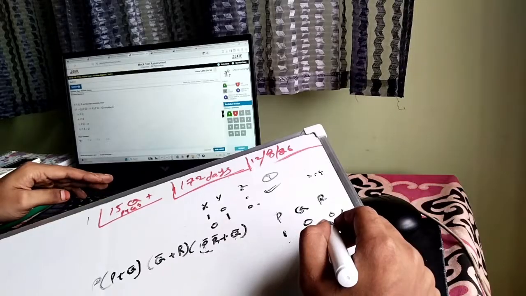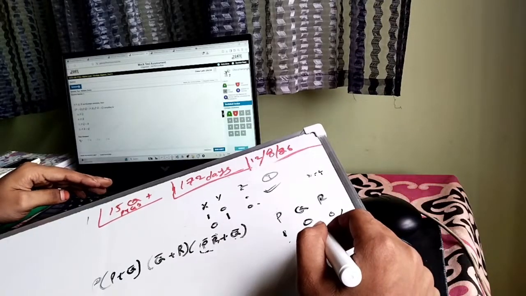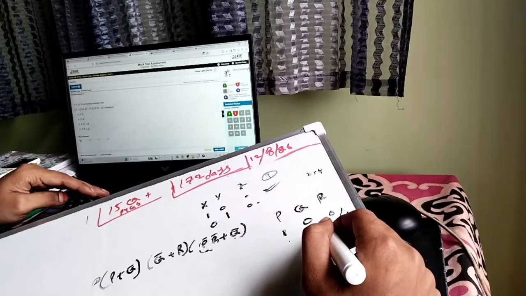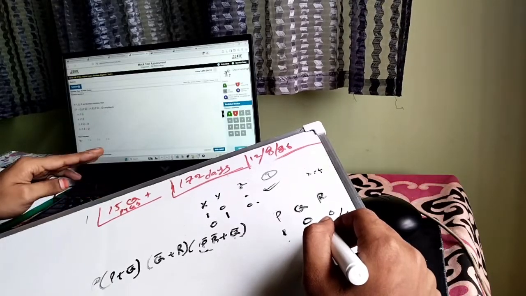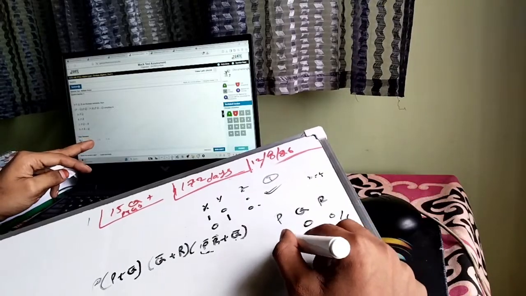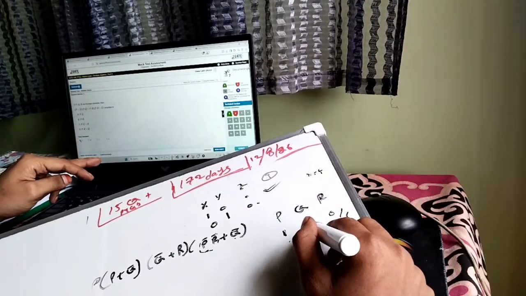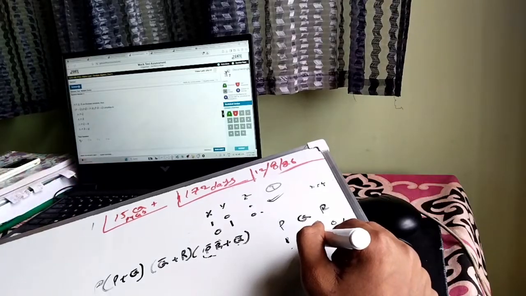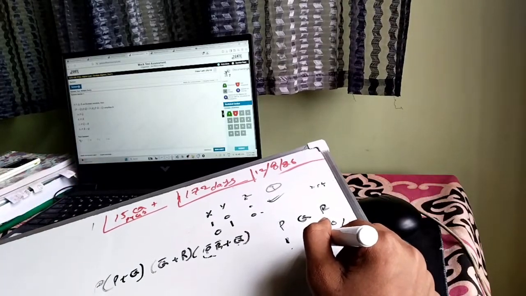What next? P dot Q bar. Okay, what next?